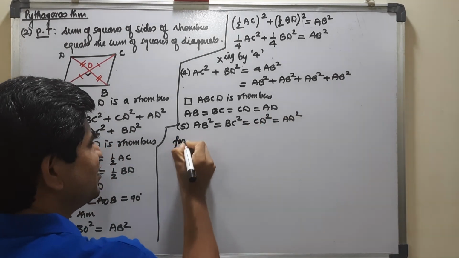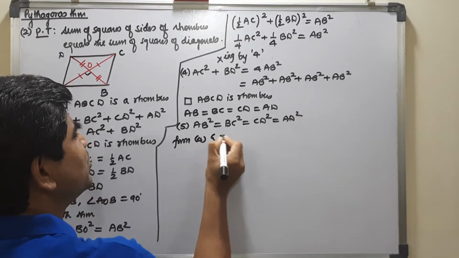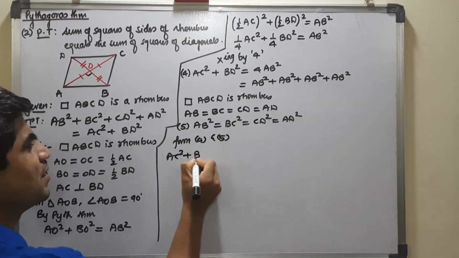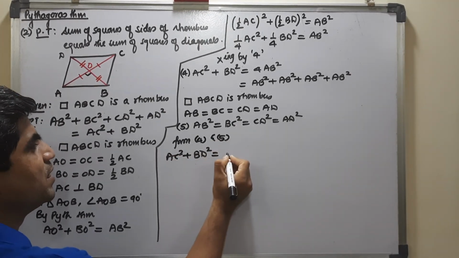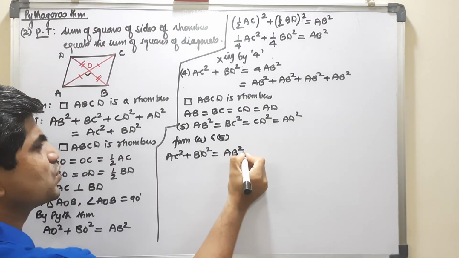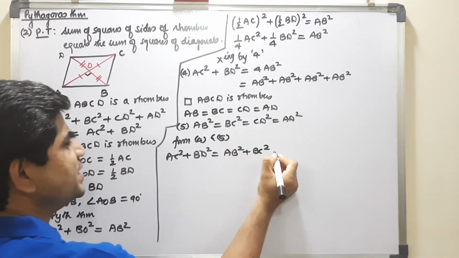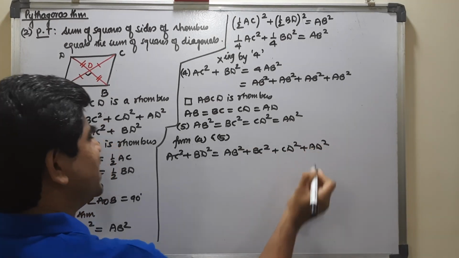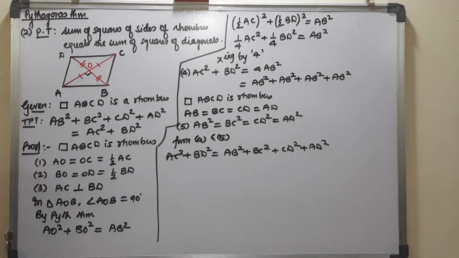That is, from 4 and 5, what I get is AC square plus BD square is equal to AB square plus BC square plus CD square plus AD square. Wasn't it very simple?